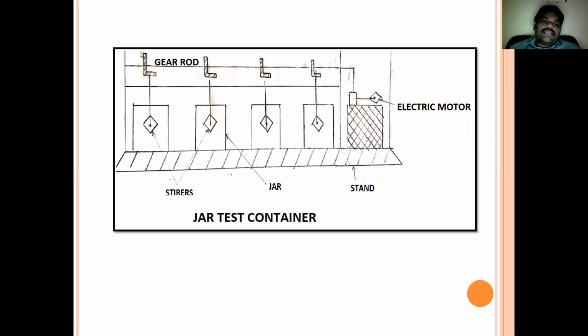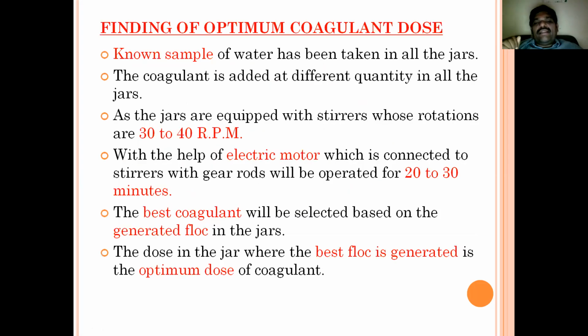One more time. See, a known amount of water sample is taken, and coagulant will be added in all the jars. These jars are connected by a gear rod with the shaft, and this gear rod is connected to a motor. The gear rod rotates at 30 to 40 RPM, rotations per minute, and the motor will operate for 20 to 30 minutes.